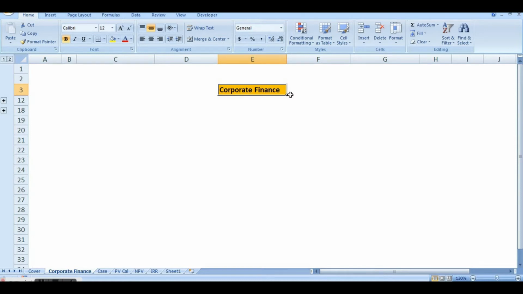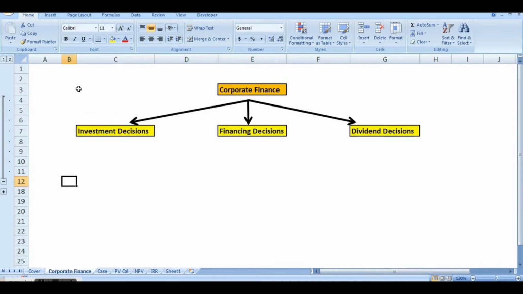These decisions can be many and can be related to many things. But for a better understanding, they are classified into three parts: investment decisions, financing decisions, and dividend decisions. Now, what are these three types, and what kind of decisions are covered in them?